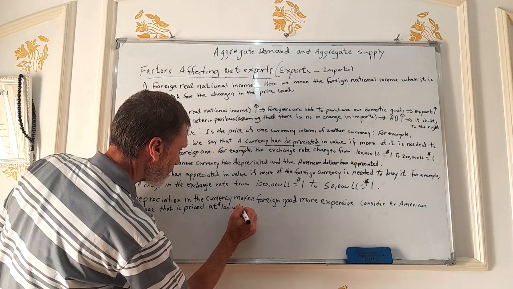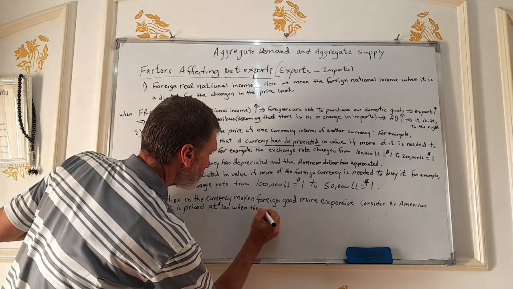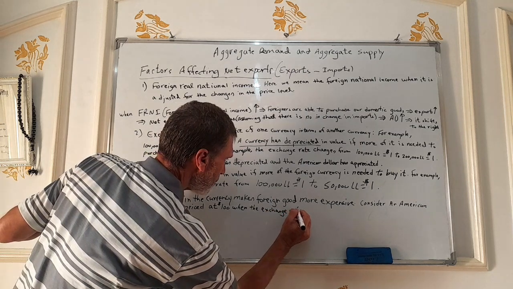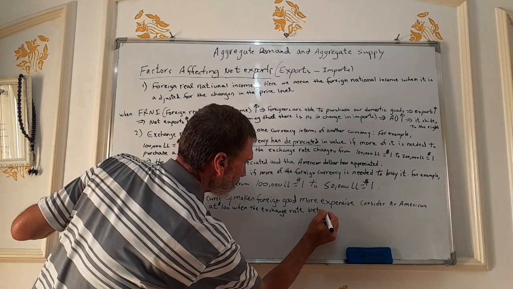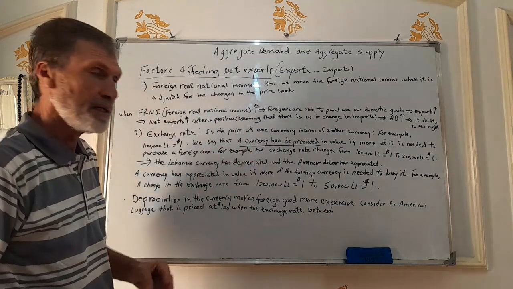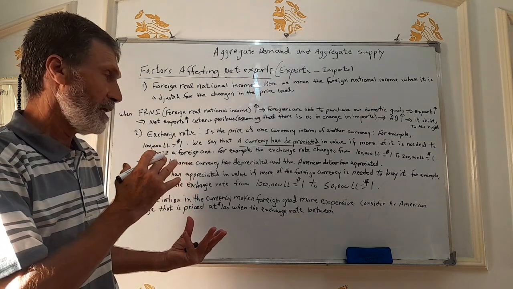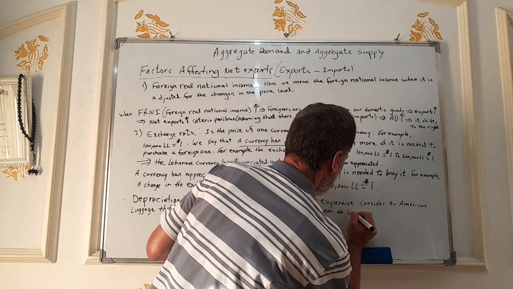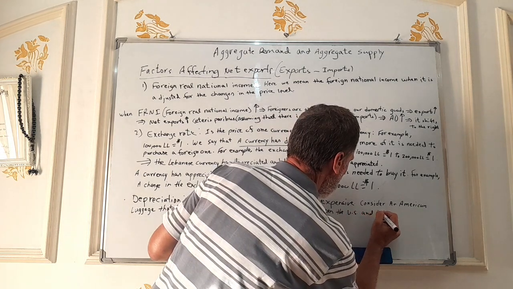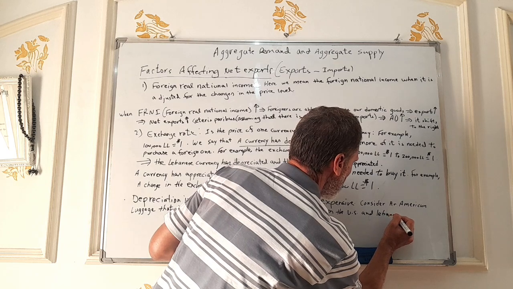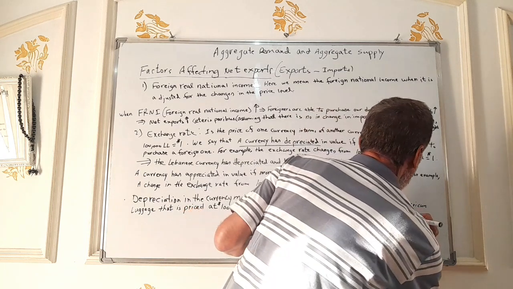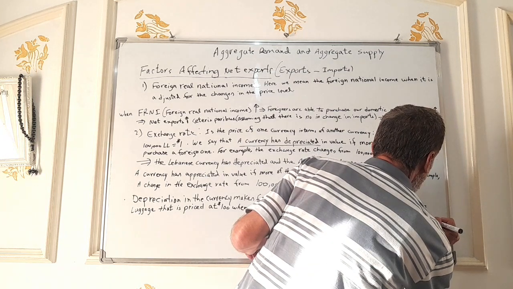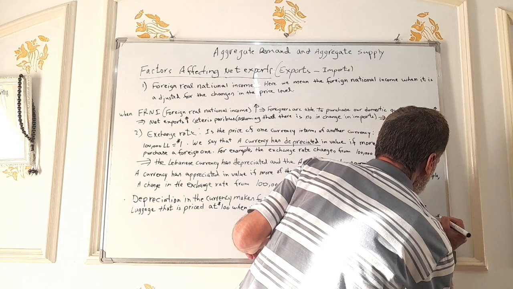When the exchange rate between the Lebanese currency and the American currency, between the US and Lebanon, is 100,000 Lebanese pound equal $1.